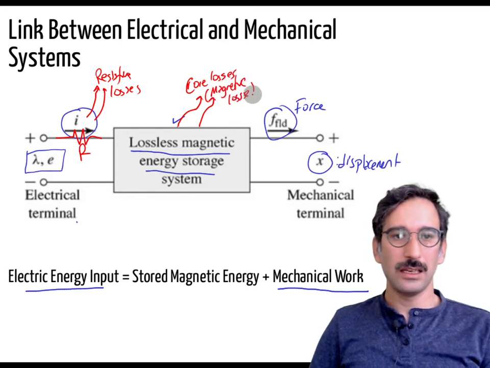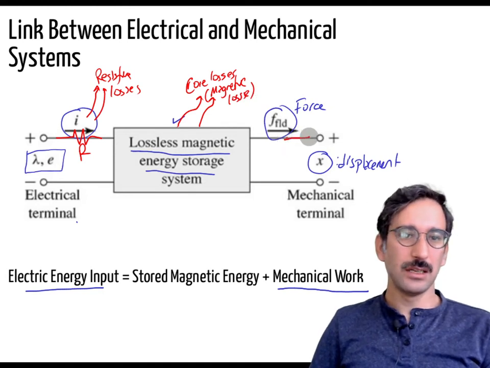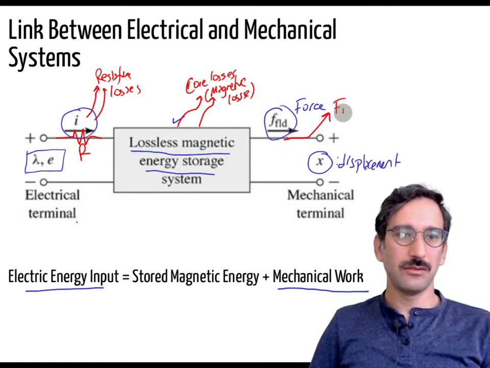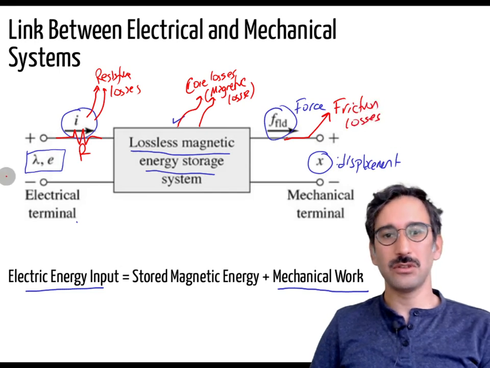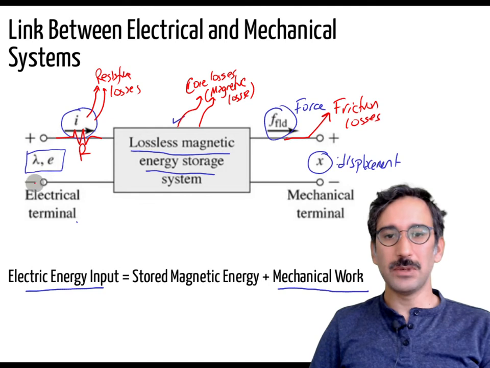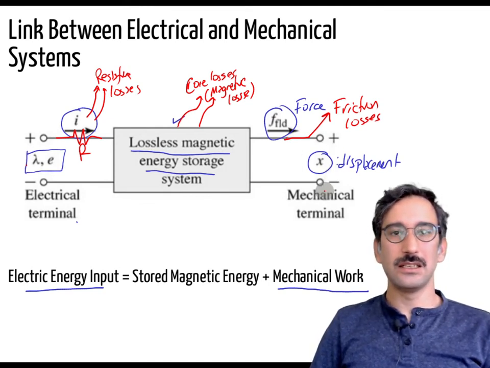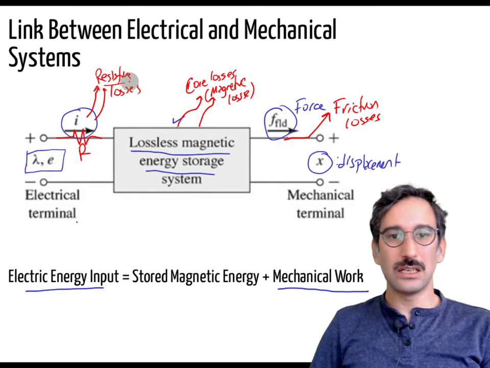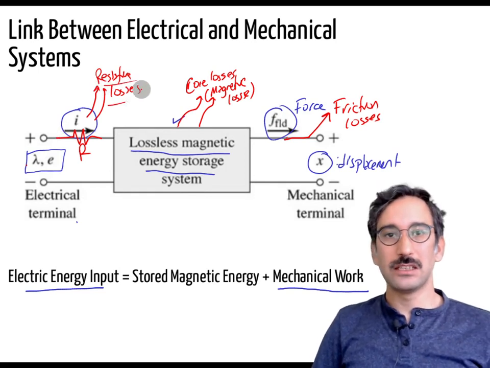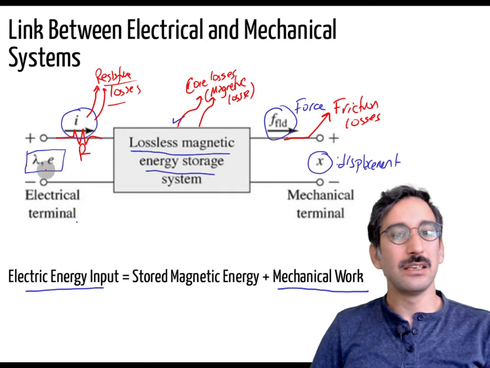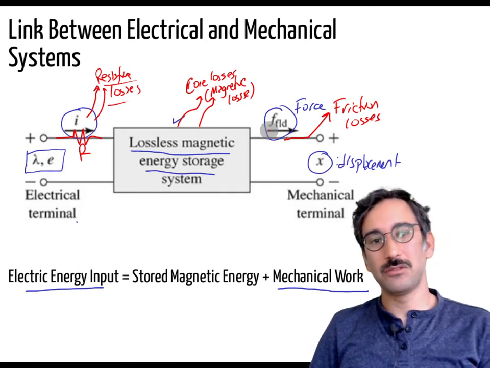And on the mechanical system you can have the friction losses and that kind of thing. That affects how much energy you are giving and how much mechanical energy you are getting. In some way those are the taxes that you have to pay, either if you are going in that direction or in that direction.